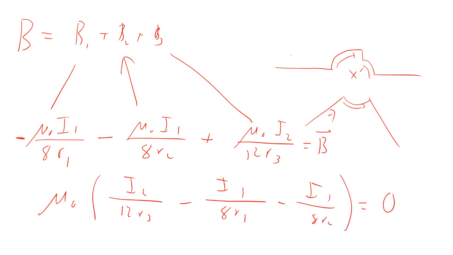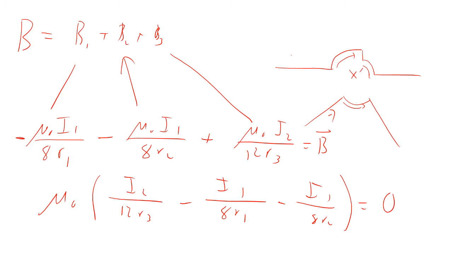Okay, so mu naught there is 4 pi times 10 to the minus 7. Okay, and so we have this, so we just plug in the numbers at this point.